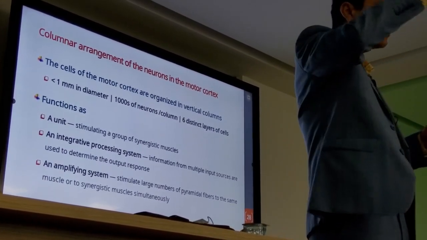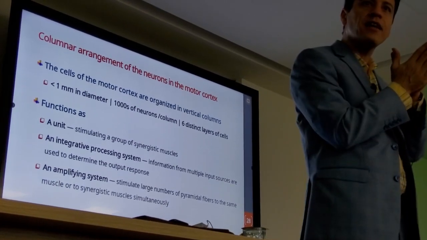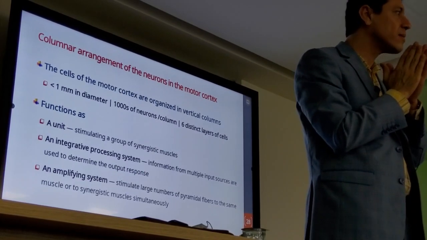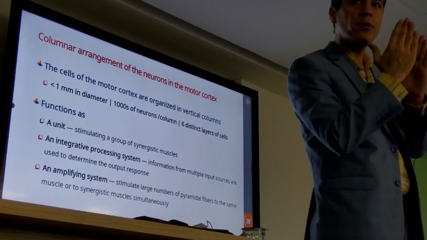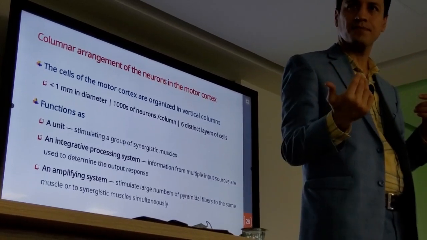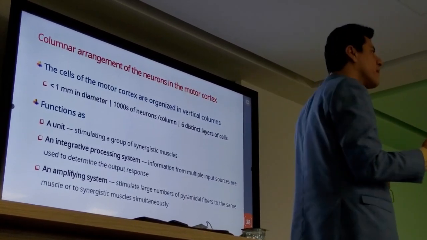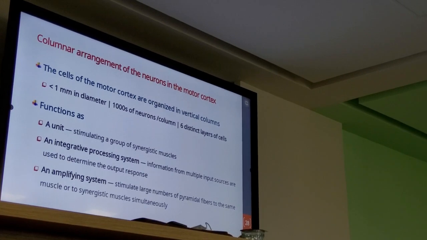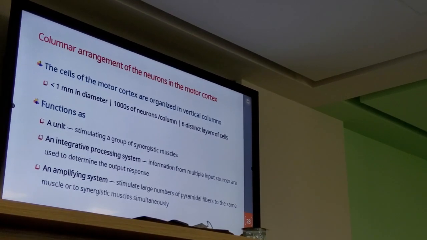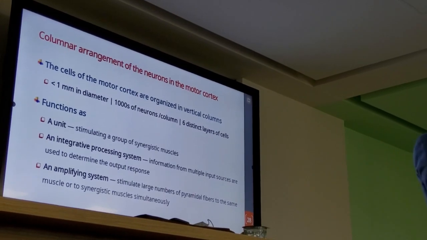So all of these neurons play together in order to do a specific movement. And the nearby column is involved in another movement, right? So in each column, we may have several thousands of neurons. All of these neurons can function together in order to do a specific movement, right?